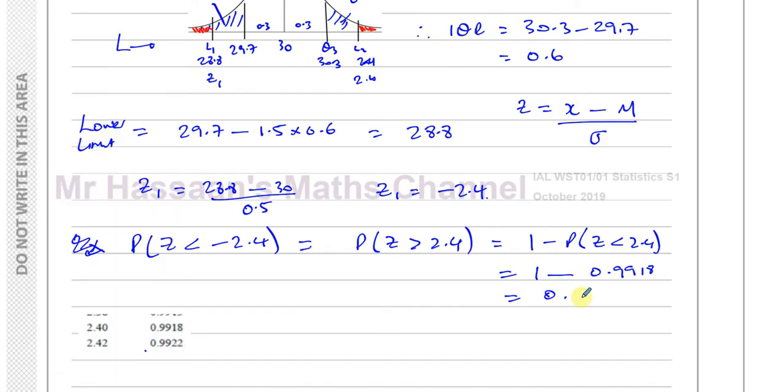So 0.0082, that's 8.2 times 10 to the minus 3, that's right. So therefore the probability that something is an outlier is going to be 2 times 0.0082.